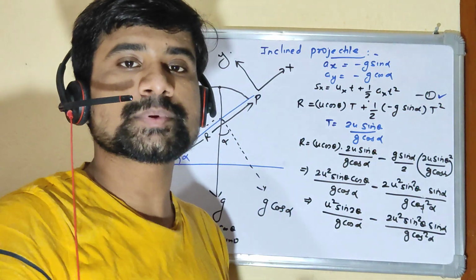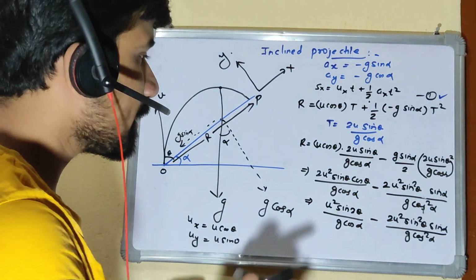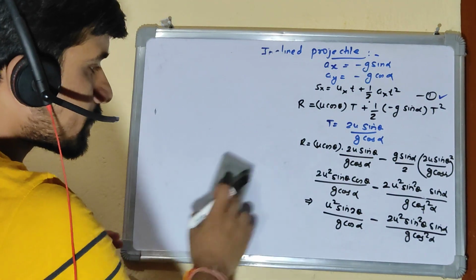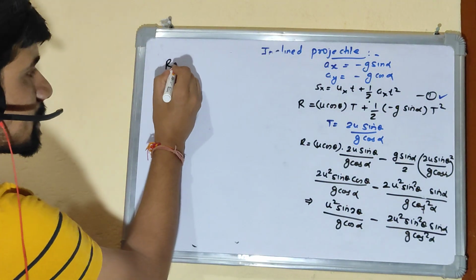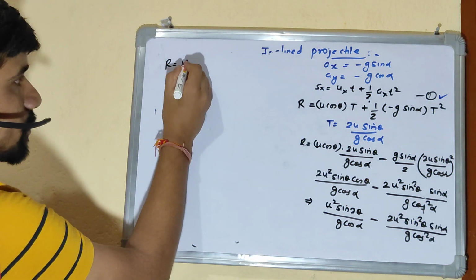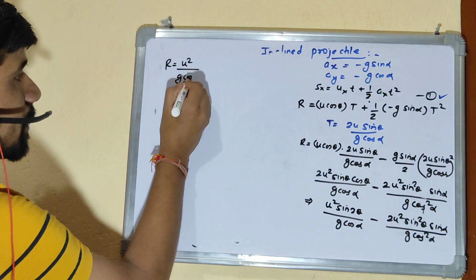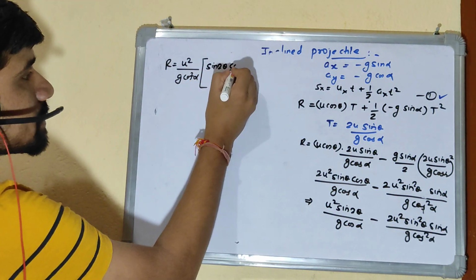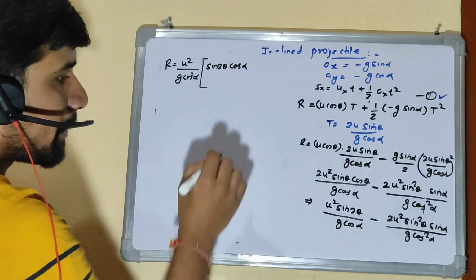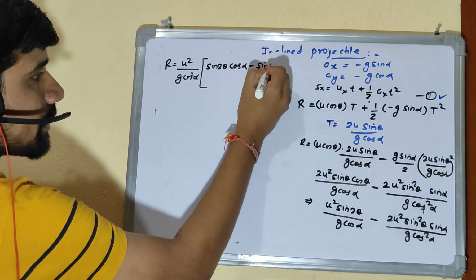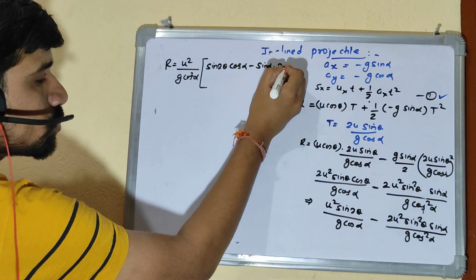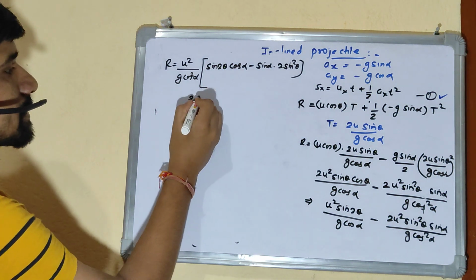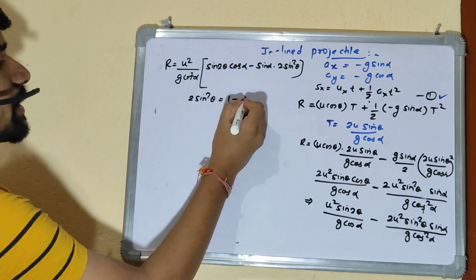Now if I take range, and take u square by g cos square alpha common, this will become nothing but sine 2 theta cos alpha minus sine alpha into 2 sine square theta. Clear? 2 sine square theta is nothing but 1 minus cos 2 theta.